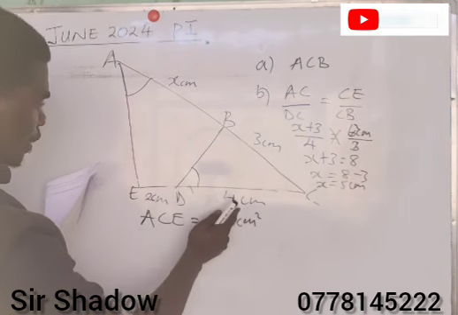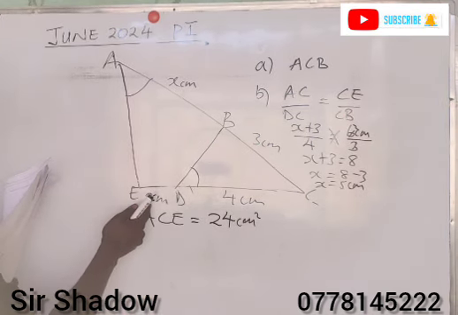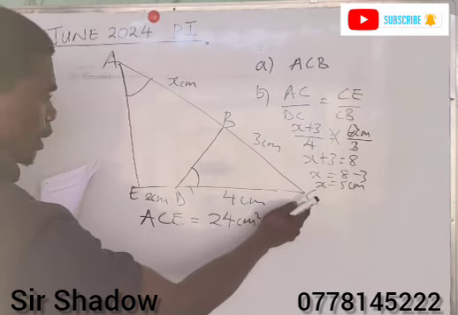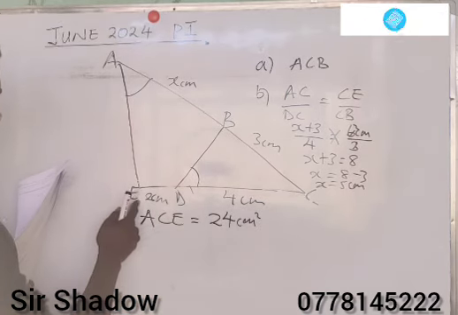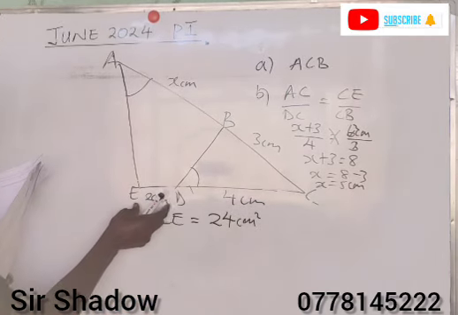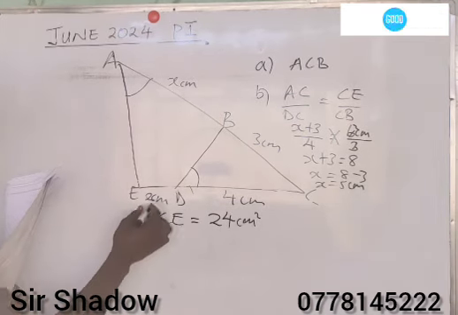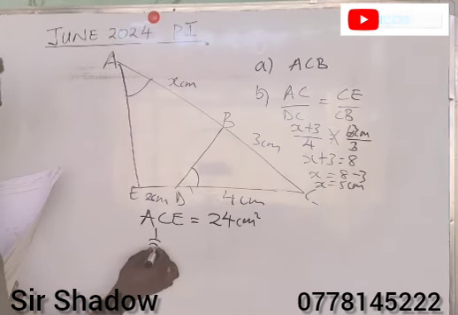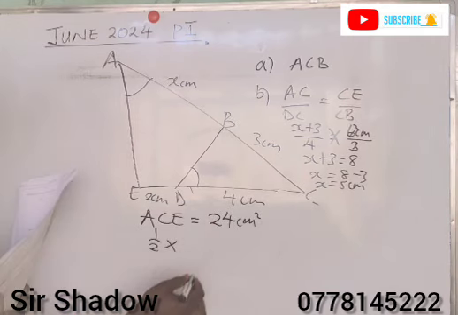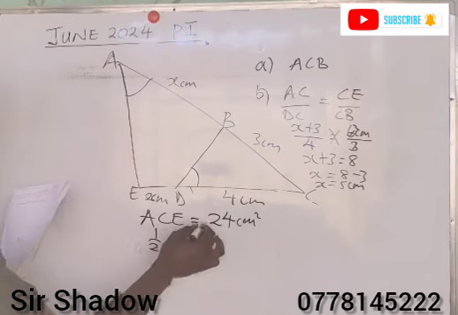Here is 2, here is 4, meaning from E the whole length is 6, but the ratio is 2 to 4. So we are saying 2 over 4, which is half, multiplied by the given 24.